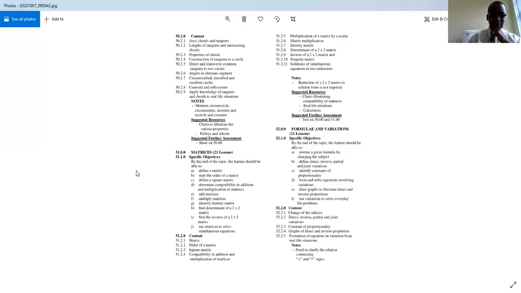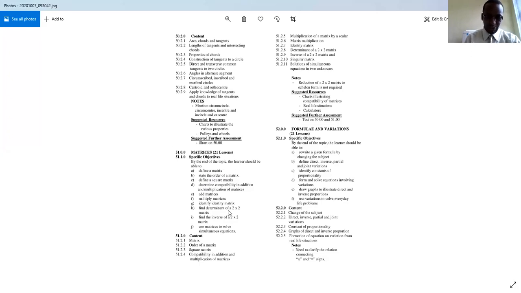One, you should be able to define a matrix. Two, you should be able to state the order of a matrix. Three, you should be able to define a square matrix.